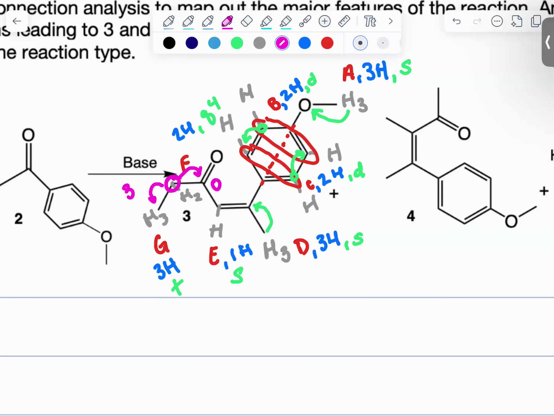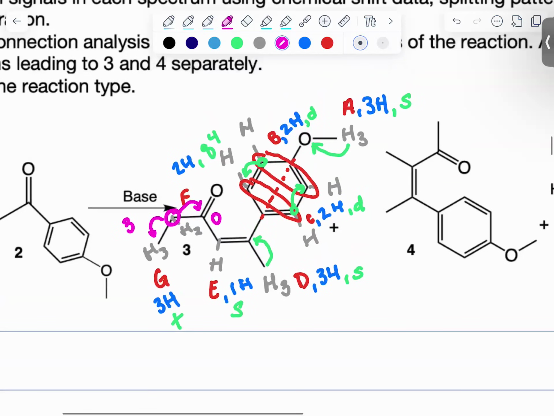Okay. So with the chemical shifts up there, what would we expect A to have a chemical shift of? Anyone? It is up there. Look at what it's directly attached to. 3.3.